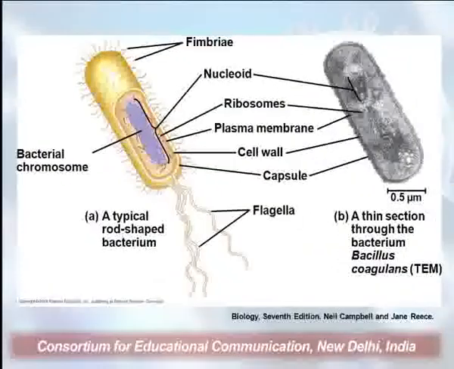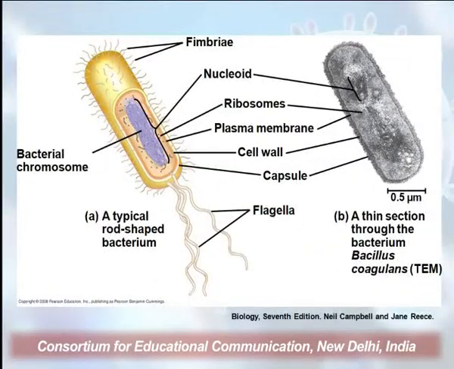Now, these are the thin section images of the bacillus. The image on the right hand side is a transmission electron microscopy image of the bacillus. So, we can see here a bacillus cell which has a flagella present.